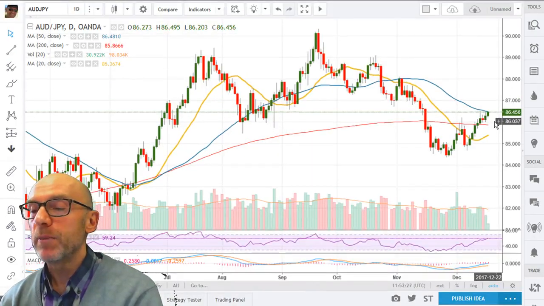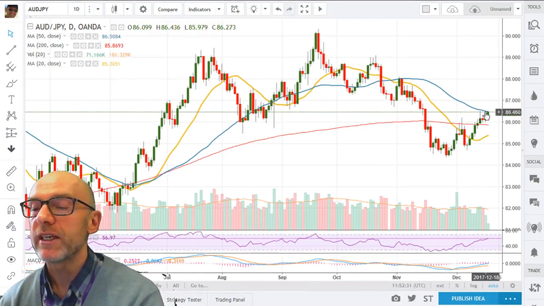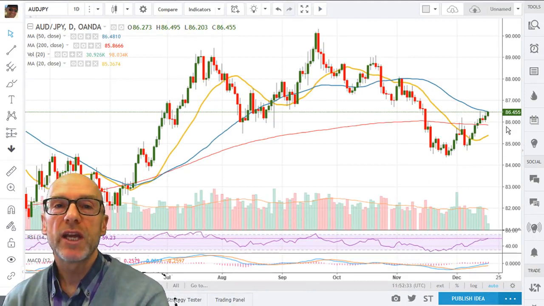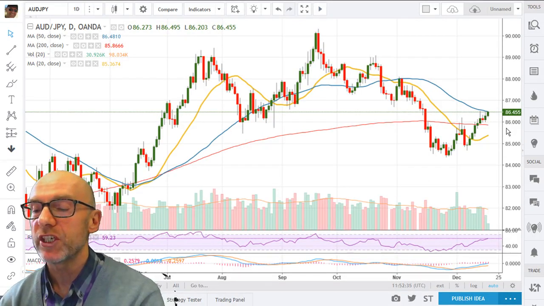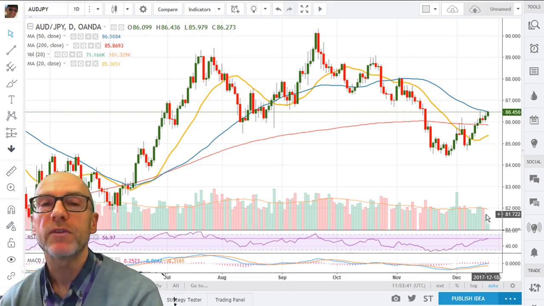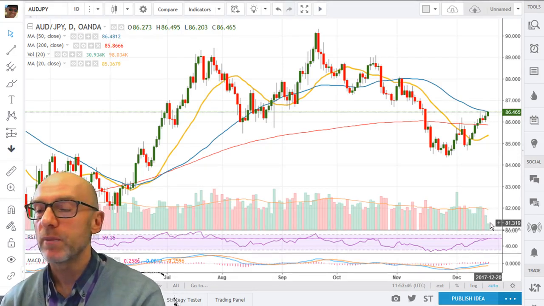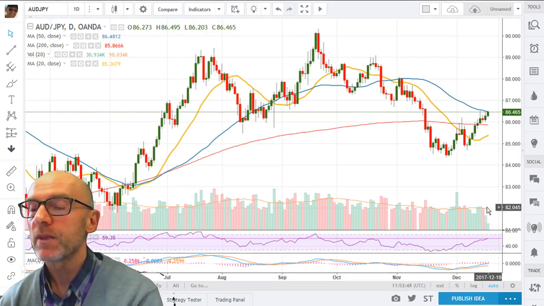On the daily picture, you can see that we're up against the downtrending 50-day moving average, and that's the immediate resistance. Will it be broken? Well, I'm a bit concerned that we've got this lack of volume. The volumes have declined over the last 2-3 days, obviously the lead up to Christmas, I guess.